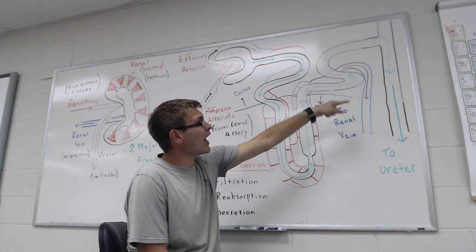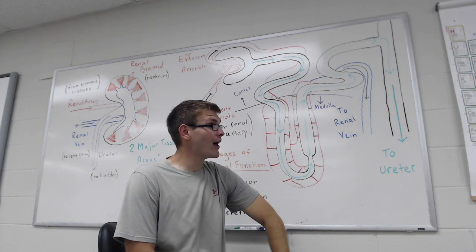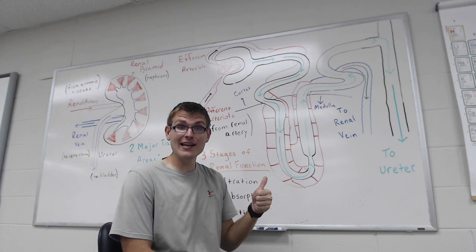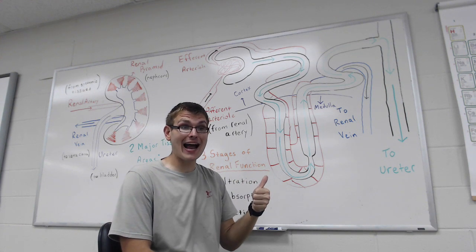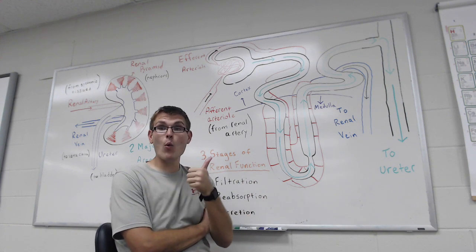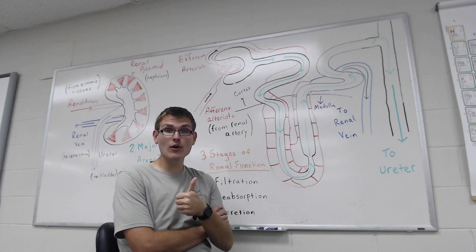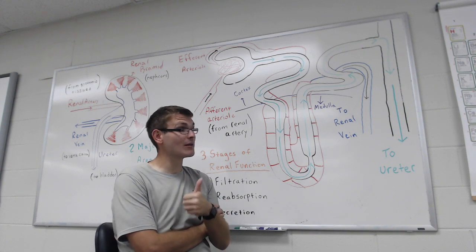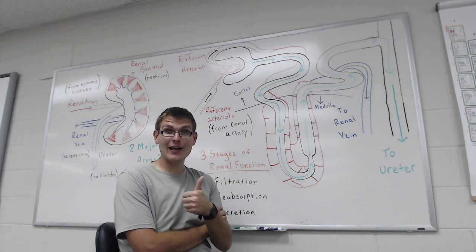There are a lot of aquaporin channels in the collecting duct, but what we have seen, especially in the case of antidiuretic hormone, is that we can adjust our rate of water reabsorption in the collecting duct based on the osmolarity in our blood.